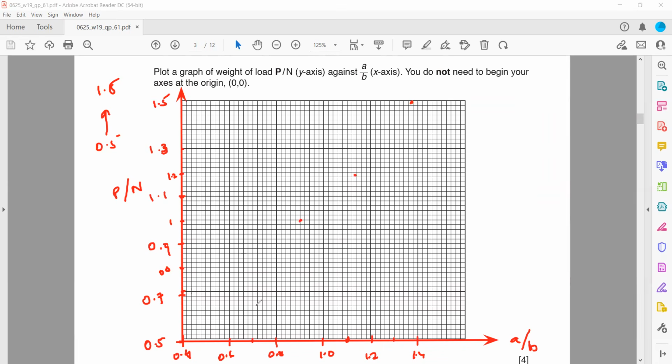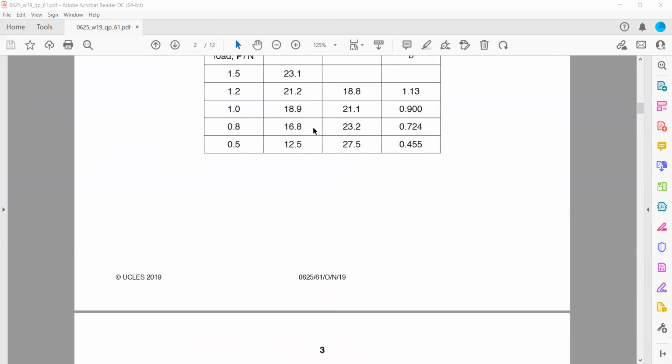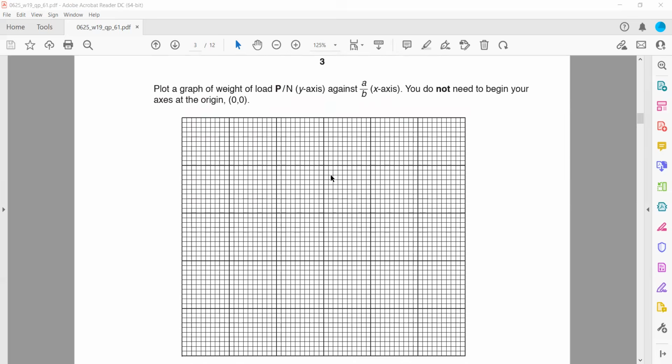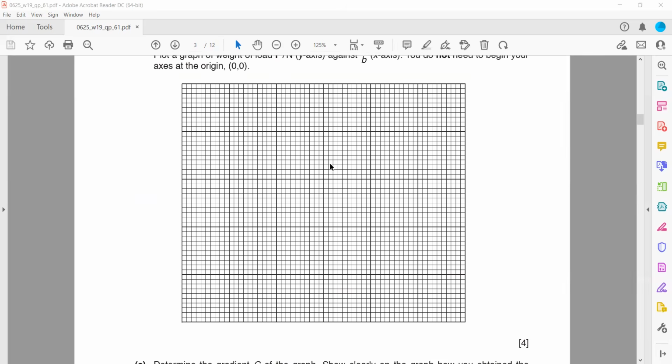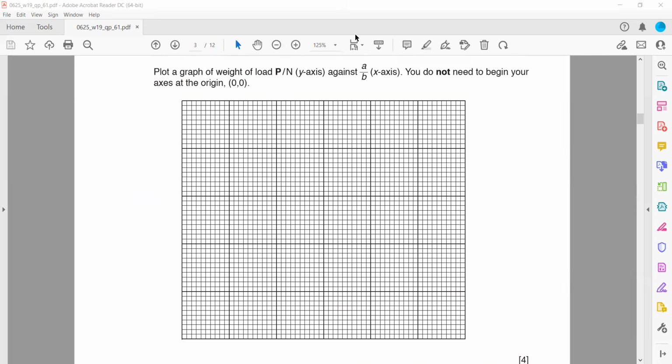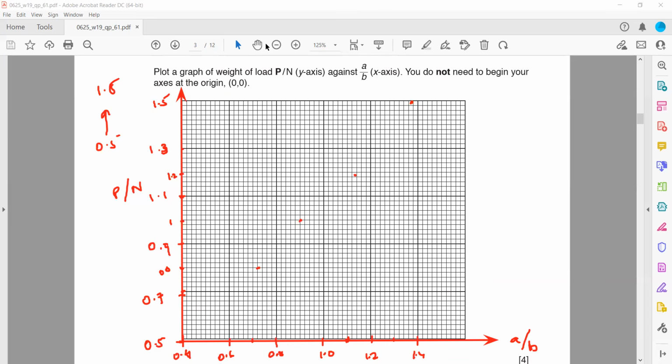So 0.7, and after that one box 0.72. So 0.72. And the last one is 0.5 and 0.45. So 0.5 and 0.42, 0.44, 0.46, so 0.45 will be somewhat here. So these are the points which we have.